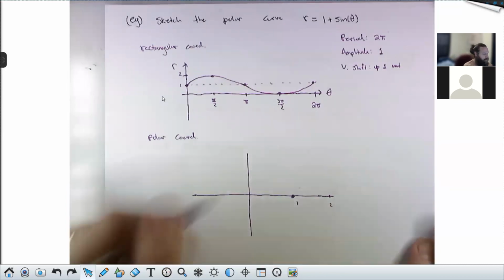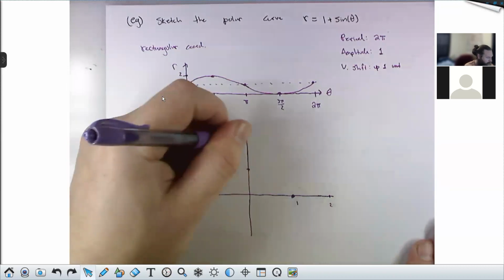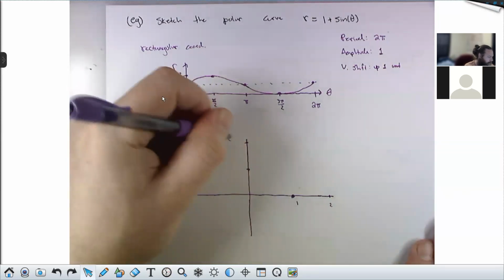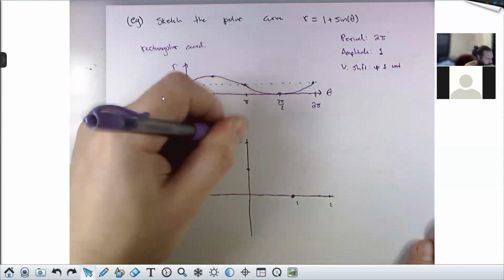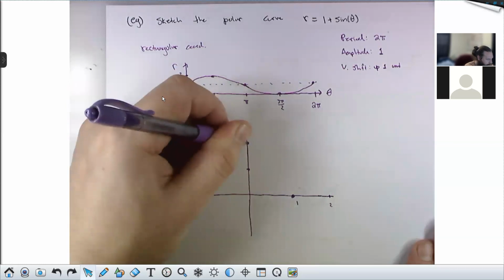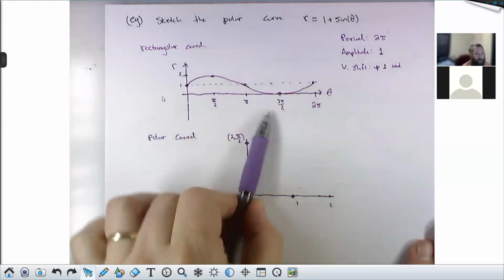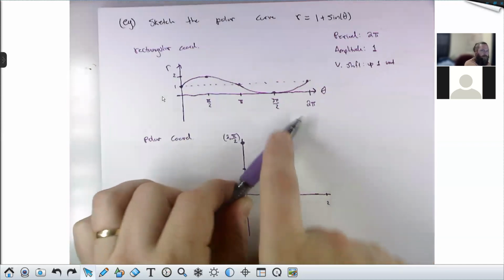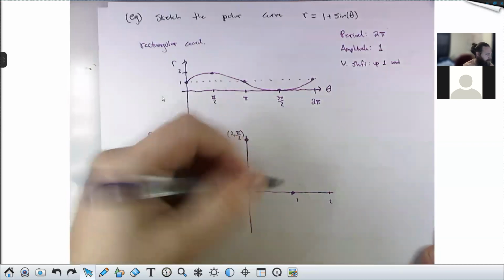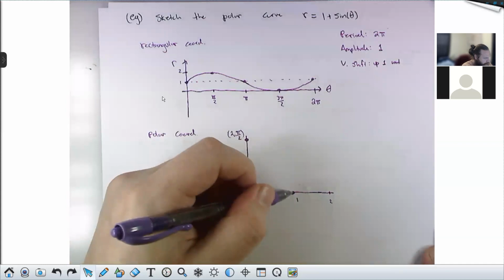As theta rotates up, this point is going to start to move out, and by the time we get to pi over 2, we're going to be out here at 2. So this is the polar point 2 comma pi over 2. I need to connect these 2 points with a smooth curve represented by this point steadily marching outward as theta sweeps from 0 to pi over 2.